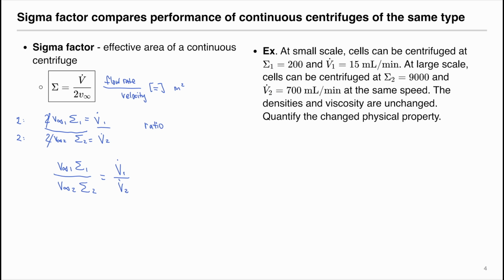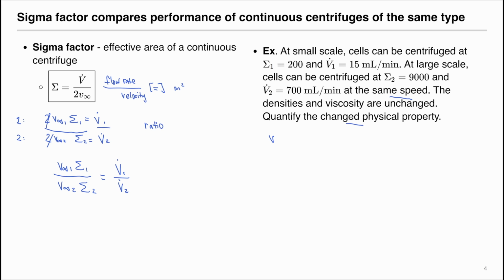So at a small scale, cells can be centrifuged at sigma factor 1 and volumetric flow rate 1. But at a large scale, the parameters change, but it has the same speed. The density and the viscosity are unchanged. We want to quantify the changed physical quantity. We can first write out the equation for comparing using sigma factor.